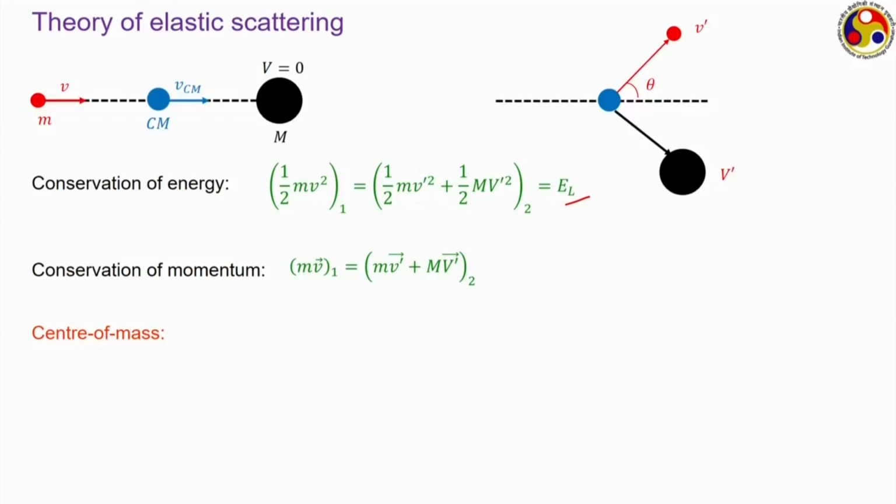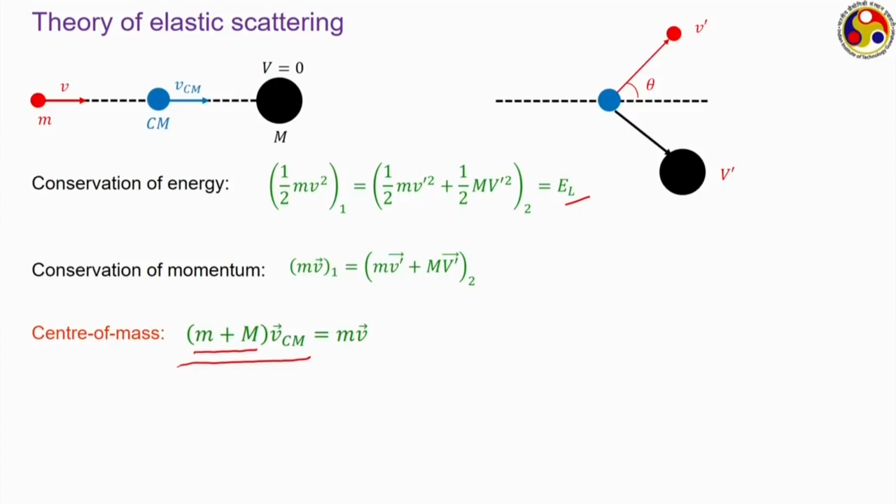Center of mass is defined as a hypothetical body which has the same mass as the initial system, that is, its mass is the combined mass of the neutron and nucleus, and it is also carrying the same amount of momentum as the entire system. So, the total mass of the body is small m plus capital M, and if Vcm represents its velocity, then the total momentum will be equal to the total momentum of the system.